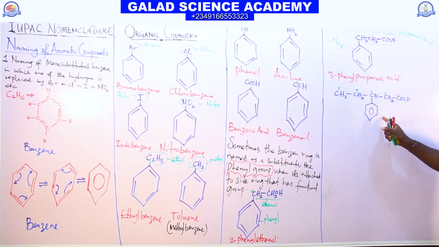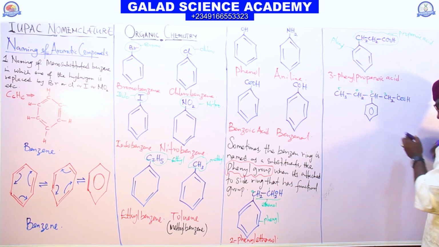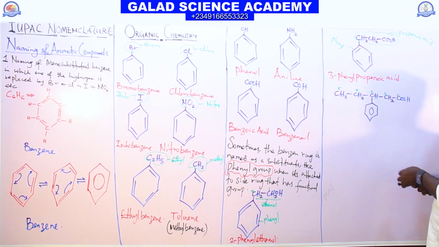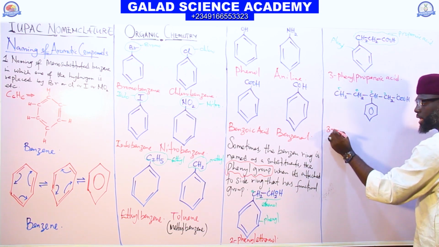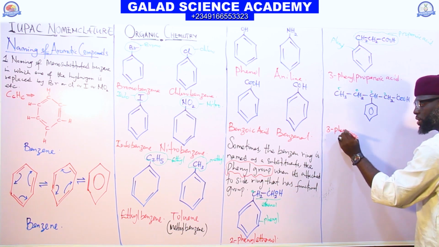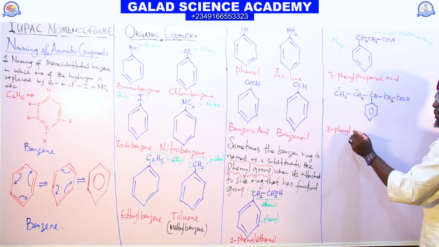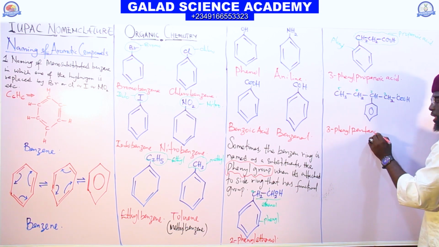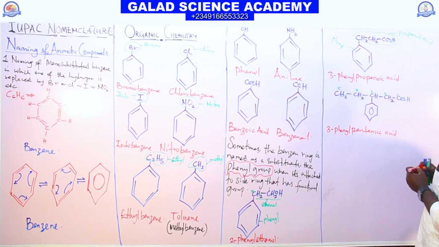But the benzene here is attached to what carbon? Carbon 3. So we call the compound 3-phenylpentanoic acid.